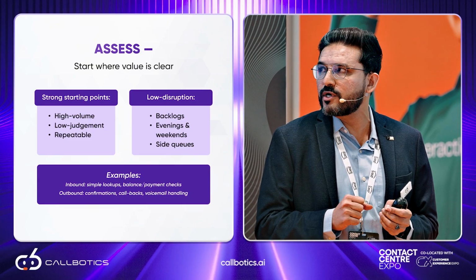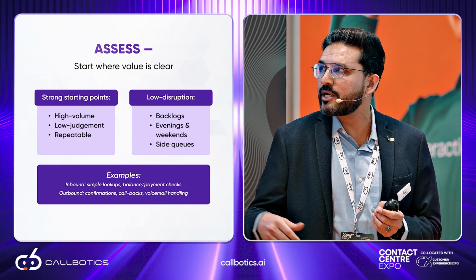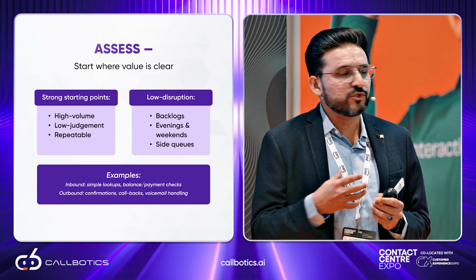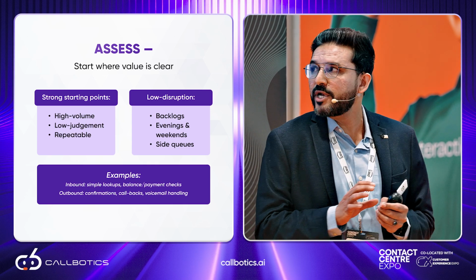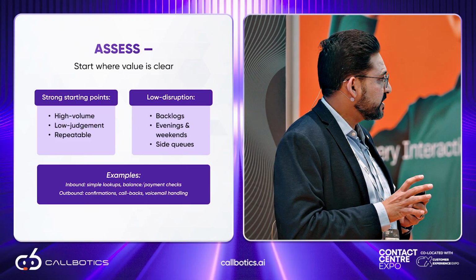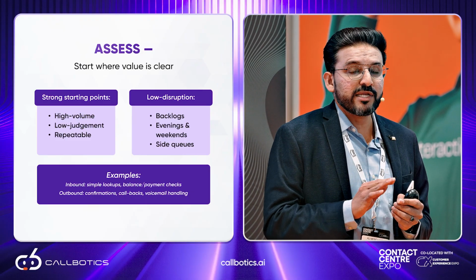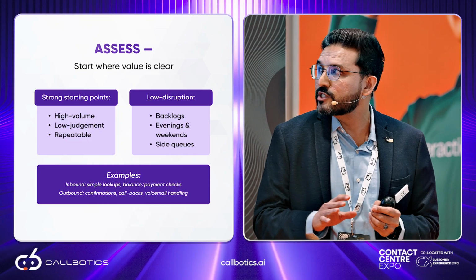This is what we figured out with all the mistakes that we made: we should take high-volume, if possible, but if not, low-judgment and repeatable processes, the easiest ones with the least amount of friction.